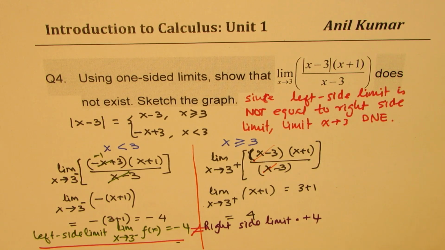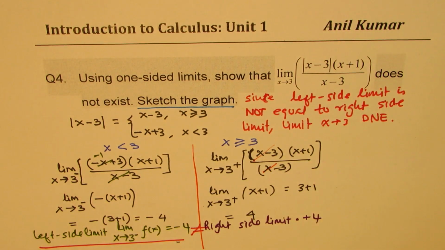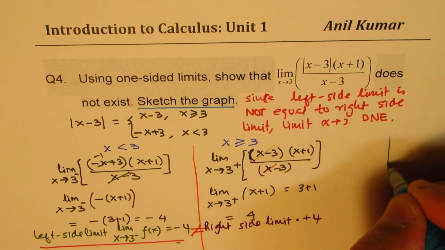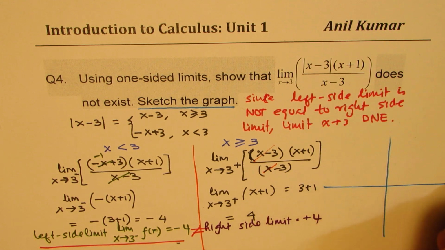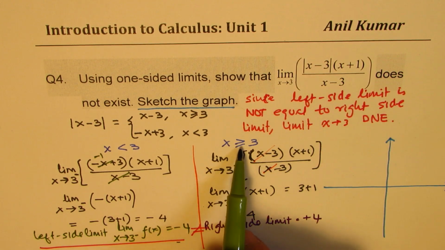The other part here is to sketch the graph. So how do you sketch this particular graph? Now from this simplified expression, it's kind of simpler to sketch the graph. So let me just make a rough sketch here. I would like you to do the same on a proper graph paper with some values. So the critical point here is at x equals 3.